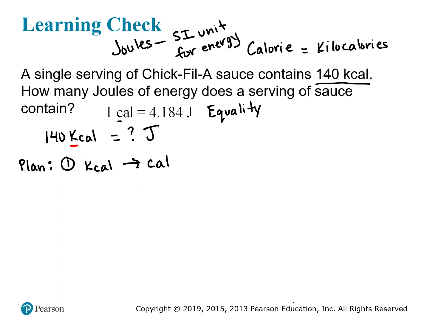So don't let the fact that it's calories or joules confuse you. We're still just looking at the prefixes and writing an equality. The second part of our equation, we're going to take those calories and convert to joules using the equality that we've already been given.